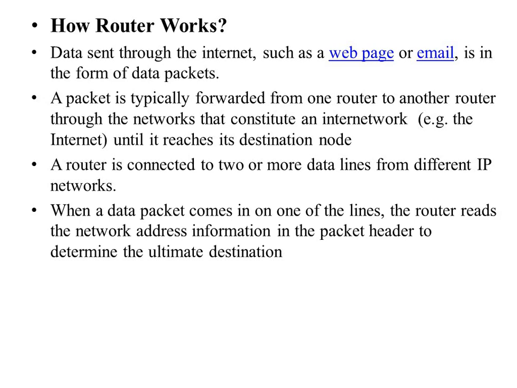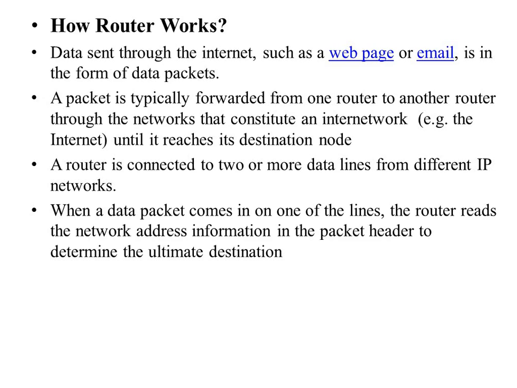So when a packet comes in from one line, the router reads the network address information in the packet header and determines the ultimate destination. We have already seen the distance vector and link state types of routing algorithms, and from that we know how the IP address gets updated in a table.